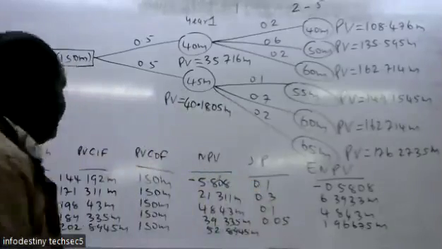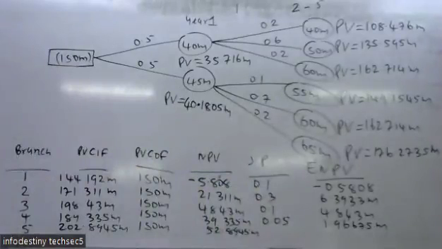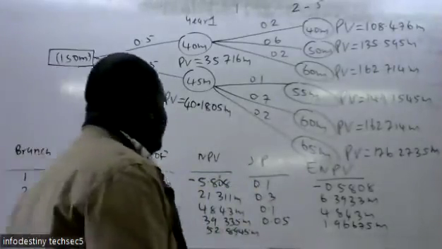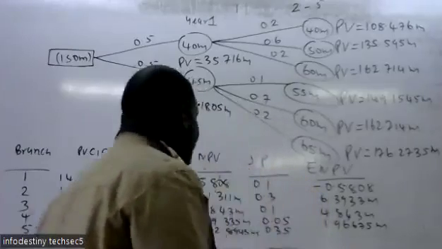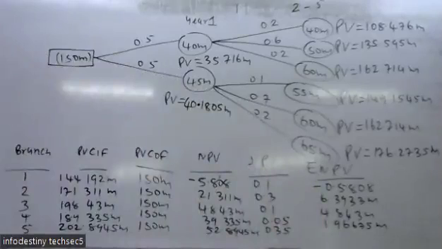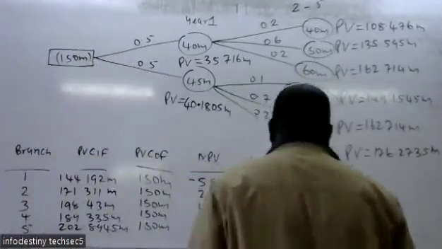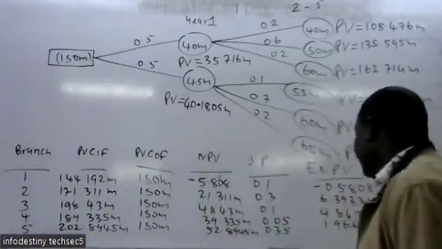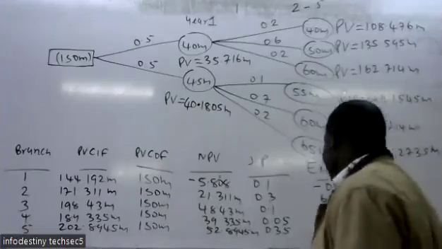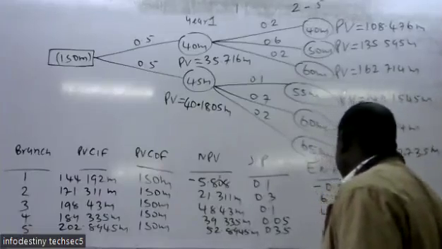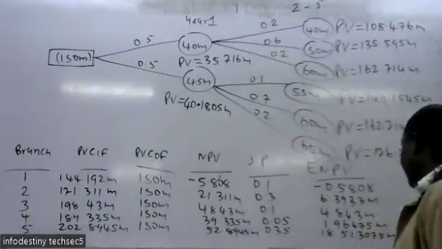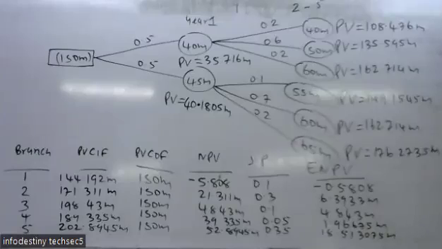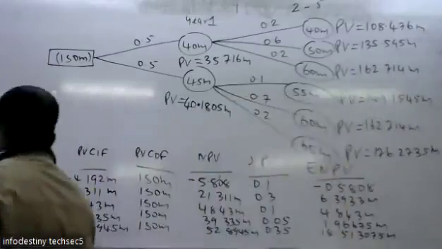Joint probability: 0.5 multiplied by 0.7 is 0.35. So we also multiply to give us the expected NPV, 18.513075.